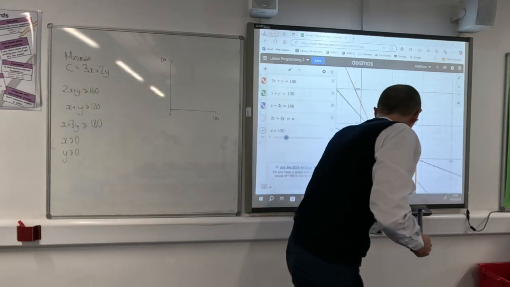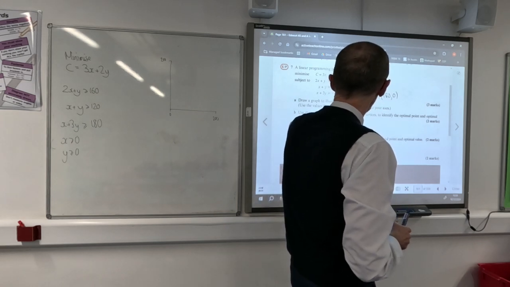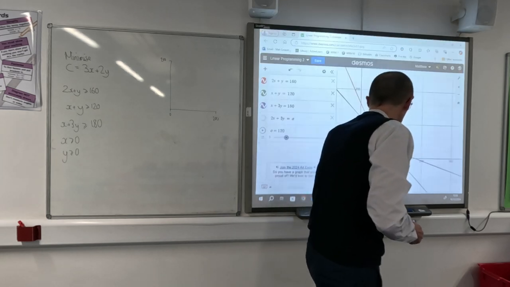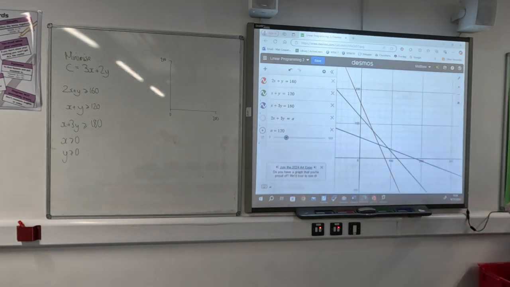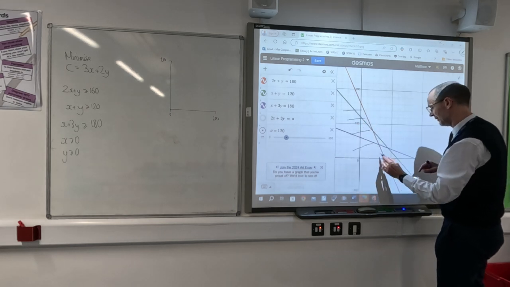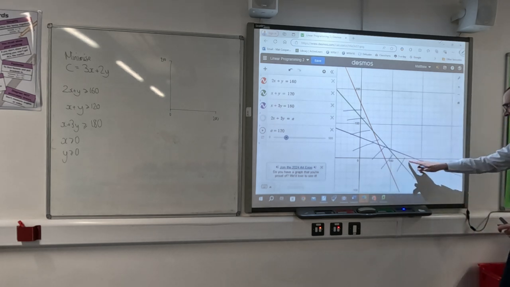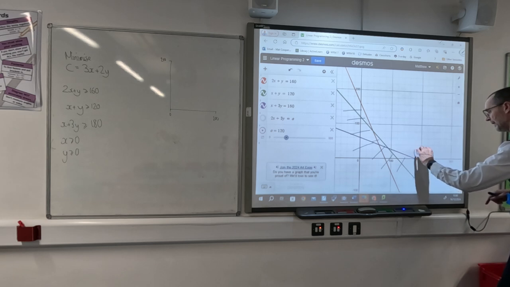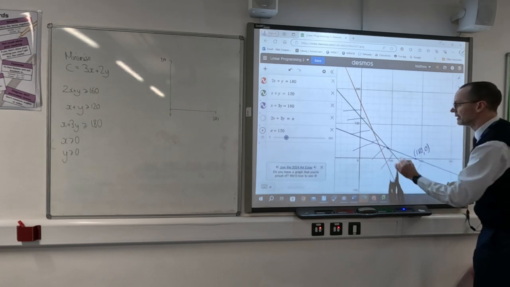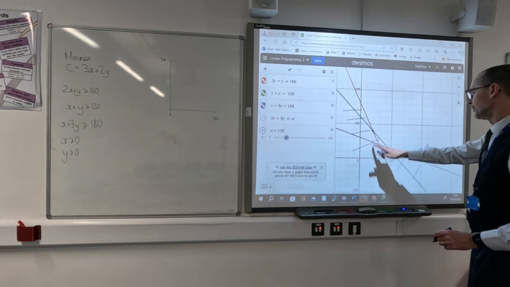What we were asked to do in the first instance was to use the vertex method to identify the optimal point and therefore the optimal value of C, the minimum value of C. That one is 4080.